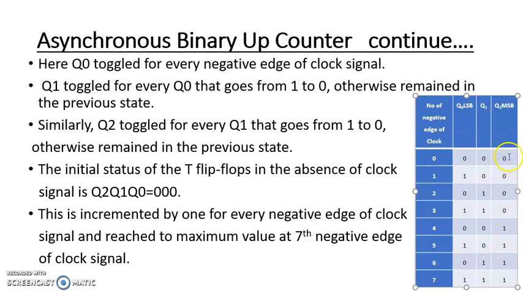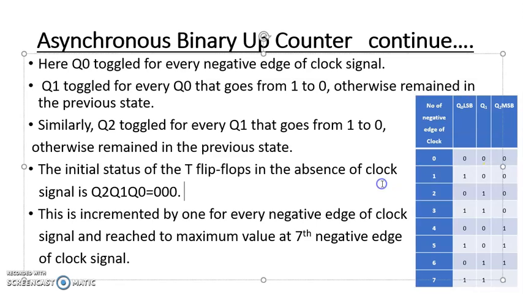Similarly, the third flip-flop changes its state when there is a change in the output of Q1 from 1 to 0. From the first clock pulse onwards, there is no change in the output of Q1, from 0 to 0, so there won't be any change in the output of Q2.